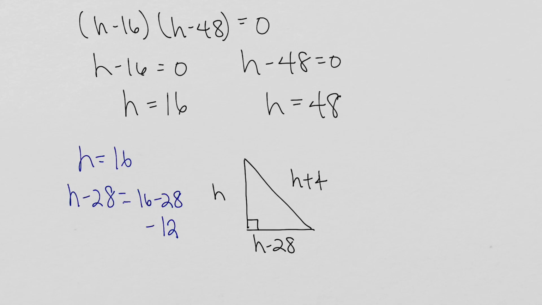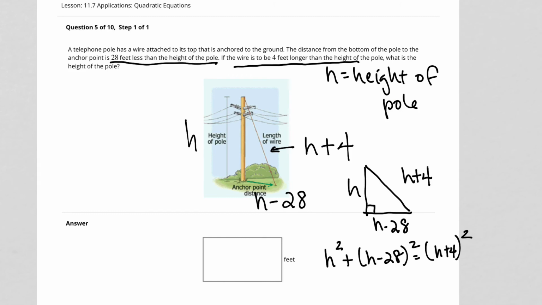So I'm done. I'm throwing out h equals 16 because I cannot end up with a negative dimension on one side of my triangle. So essentially then my solution for my height is going to be h equals 48. So my height is 48 feet.